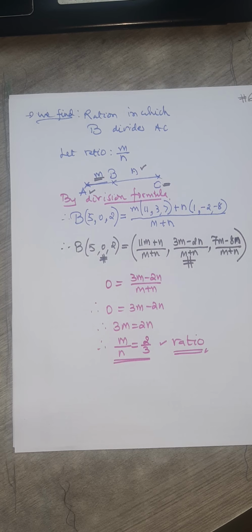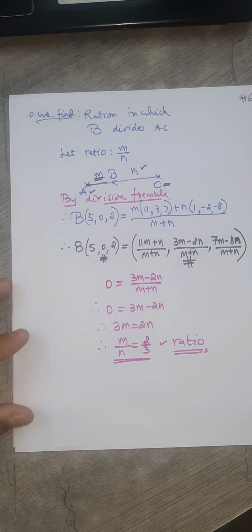Next question. Question number 9. Find the position vector of R which divides the line segment joining these two externally in the ratio 1:2. Okay, so it's like this only. You have point P with this position vector. And what's the position vector of Q? Vector A minus 3 vector B. R divides line segment PQ in which ratio? -1:2.